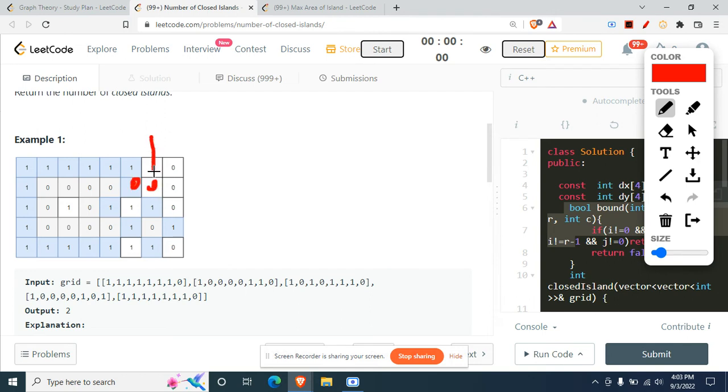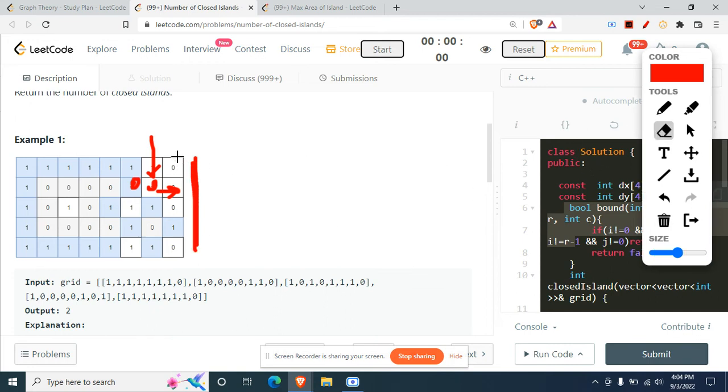Let's say you are right here, you'll try to go right. This could be a possible island, but is it? Obviously not. As I explained while explaining the question, it cannot be a valid island because there is no surrounding water. There is nothing to the right of it, right? So that is why this cannot be a possible value.